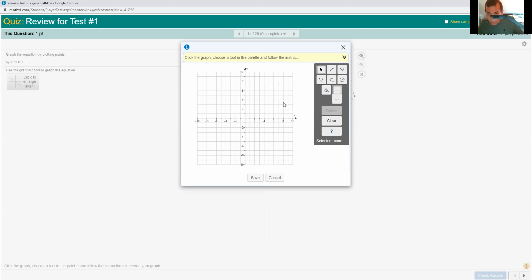So let's see, we know we got a straight line, so we would click the straight line tool. My first point was negative 1 up 2. Then my second point was over 1 and up 1. Now, if you wanted to verify that, just hit graph on the calculator. And then you'll see that that is on there.